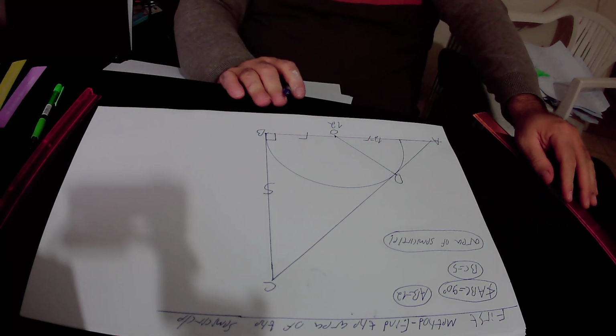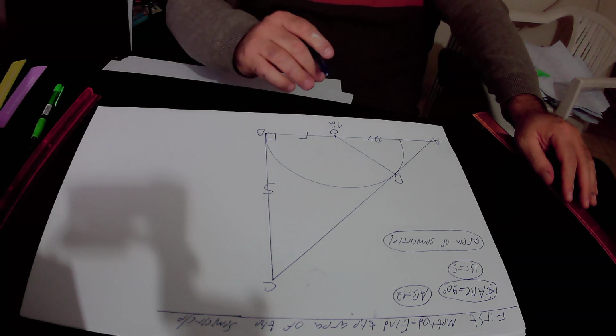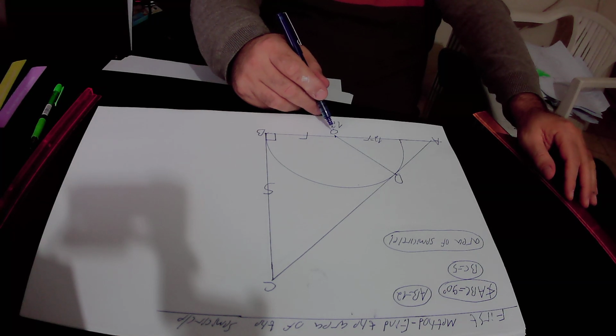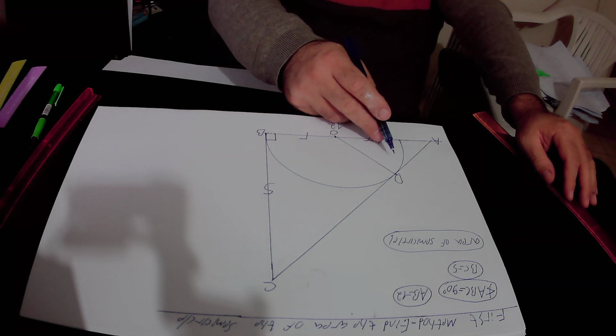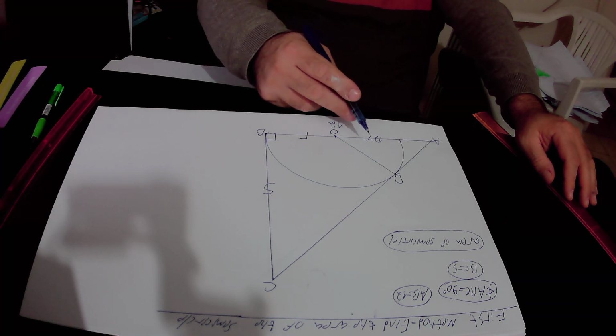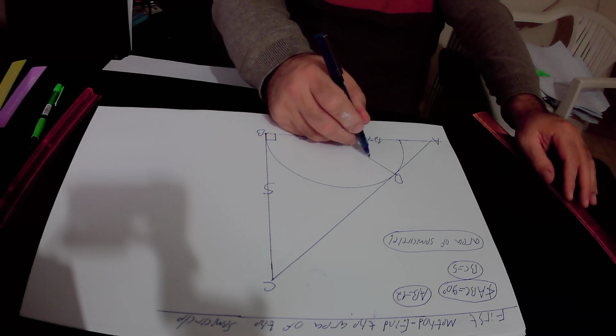Actually, line segment DO is the radius of this semicircle because it starts from the center of the semicircle, that is to say from point O, and ends at point D, that is a point on the semicircle itself. Therefore, DO is the radius of the semicircle, that is to say it equals R.